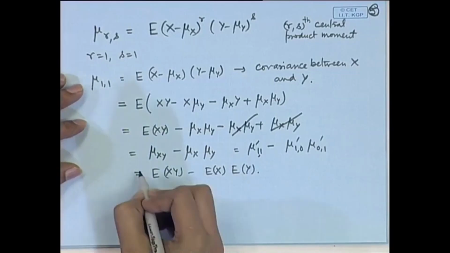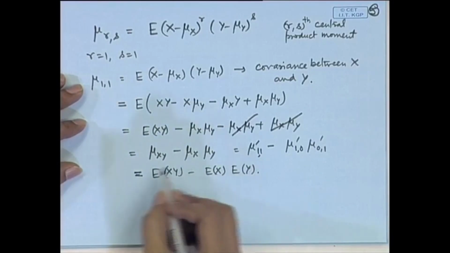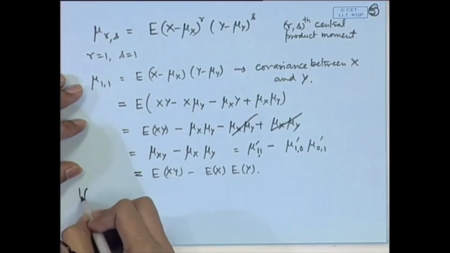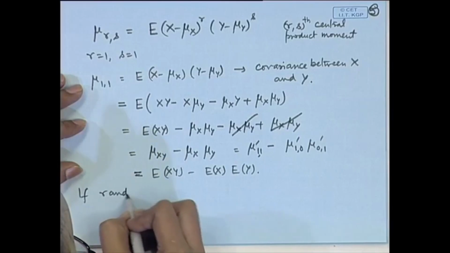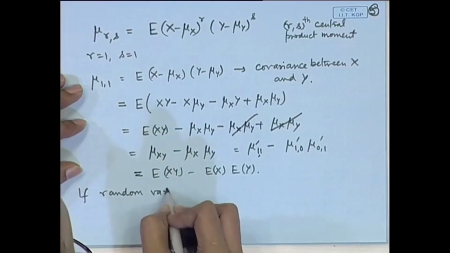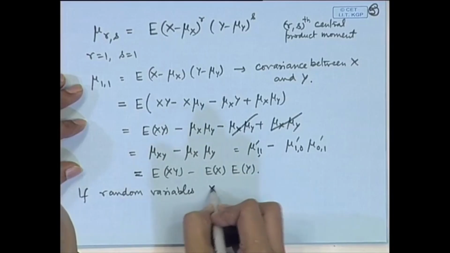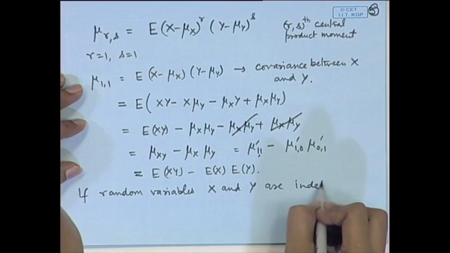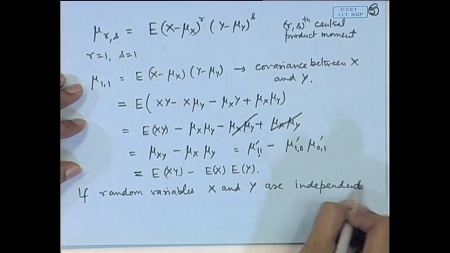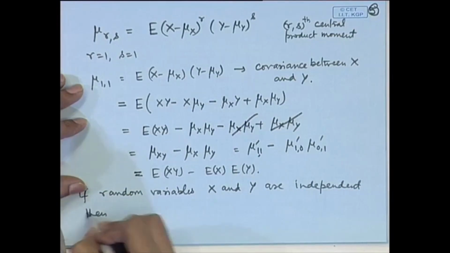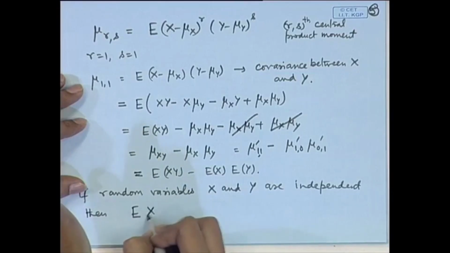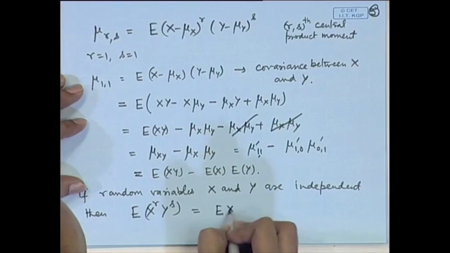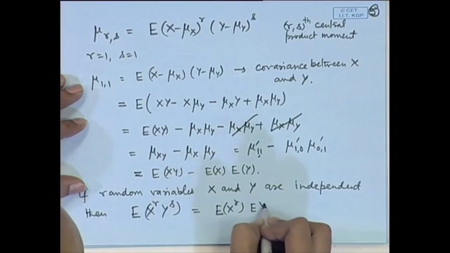We can further see the effect of independence on the moments. If random variables x and y are independent, then expectation of x to the power r y to the power s will become expectation of x to the power r into expectation of y to the power s.